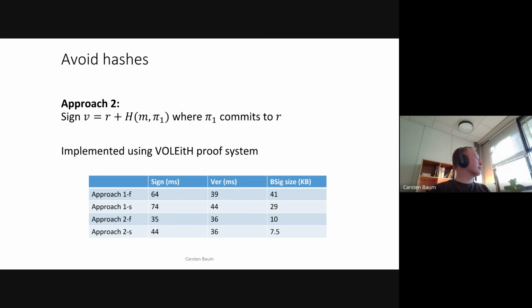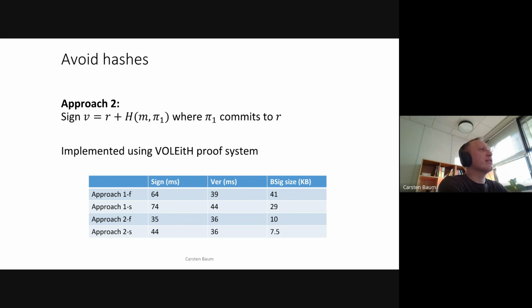That's quite nice because in the post-quantum setting, the constructions we had before are blind signatures that are maybe of the same size, but where sign and verify times are more like 200 milliseconds. And then we got a different approach, which allows us to get the blind signature size down to 7.5 kilobytes with a sign and verify time well under 50 milliseconds. So it outperforms all the state of the art of lattice-based blind signatures.